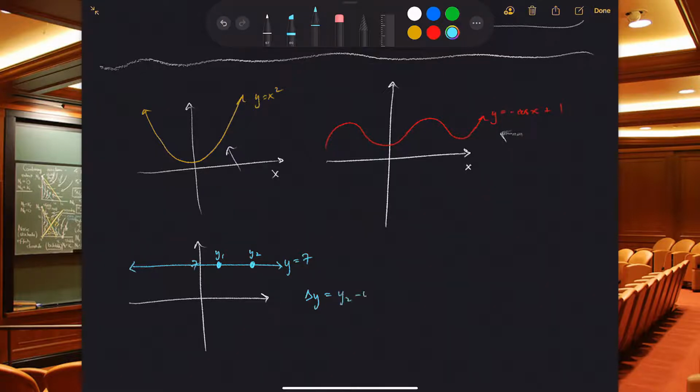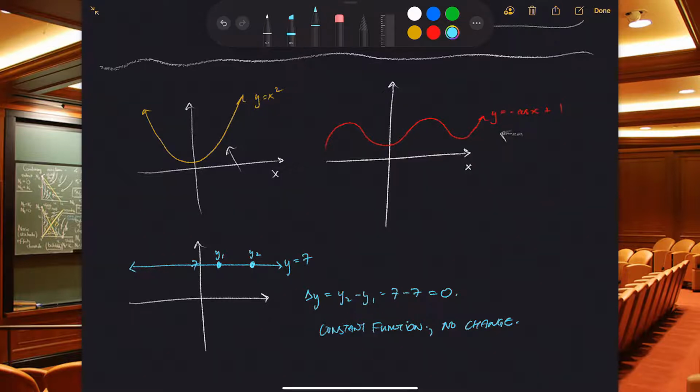This is 7 minus 7, which is 0. There's been no change in y because this is a constant function. No change.